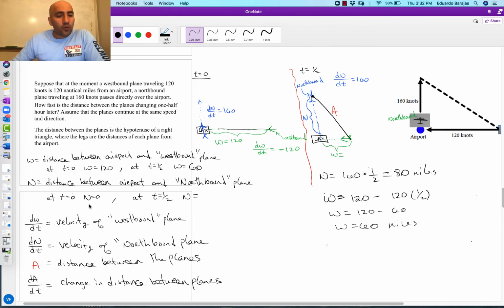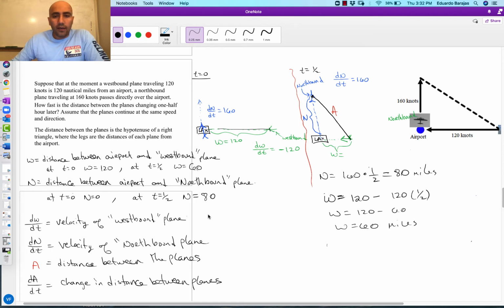Likewise, the northbound airplane, when t equals 0, N equals 0, it's right over the airport, so it's 0 miles away from the airport. Half hour later, because the plane is traveling at a fixed speed of 160 knots, the plane is going to be 80 miles from the airport.